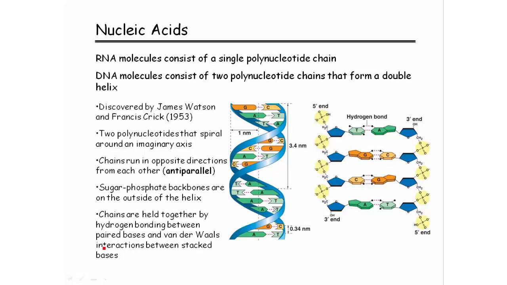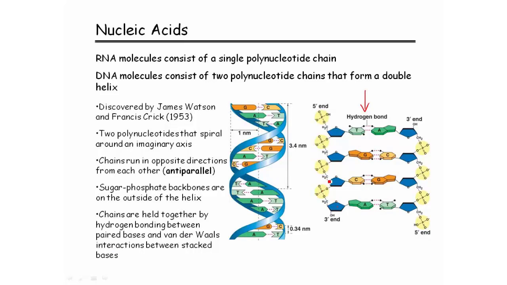And what the double helix is saying is that you've got two strands or two polynucleotides of DNA, and they're going to actually be hooked together. They will be hooked together like a ladder, and then they will be twisted. It will be hydrogen bonds between the bases that actually hold the two strands together, and that means that the sugars and the phosphates will be alternating down the outside.